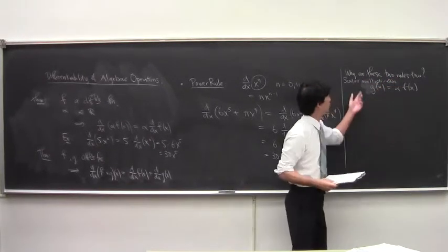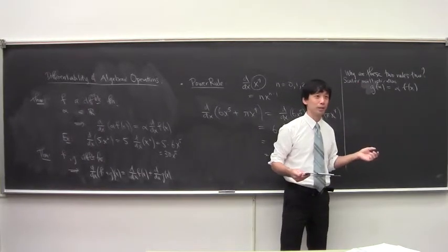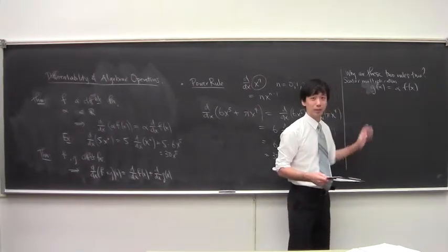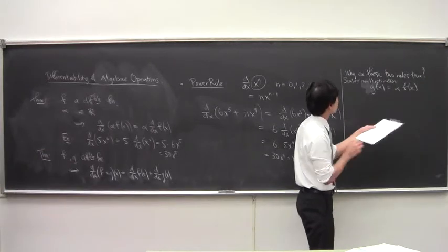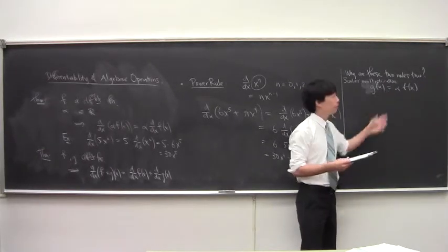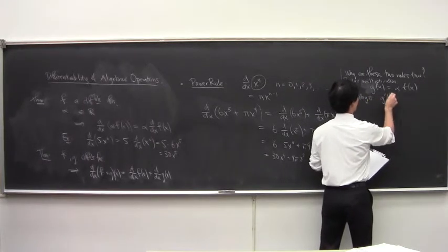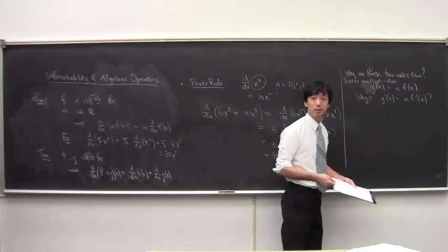One calls this scalar multiplication to distinguish it from multiplying by another function, which is completely different. Multiplying by another function we'll get to in a minute, but it's far more complicated, or somewhat more complicated. Okay, scalar multiplication. So g is alpha times f. And let's just look at it.